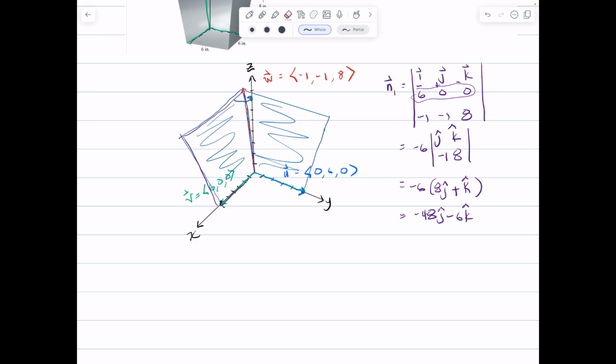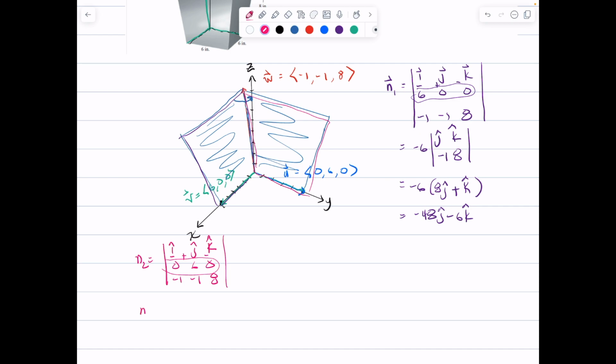N2 will be equal to, we have our i, j, k. We've got this one here is what we're doing. And so we'll use 0, 6, 0, and again, -1, -1, 8. Expanding across that center one, again, that'll be minus, plus, minus.